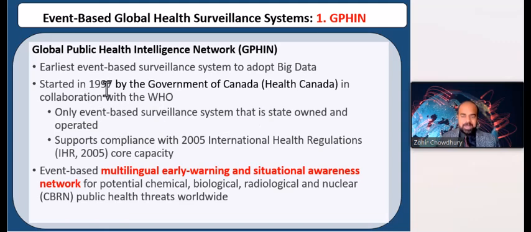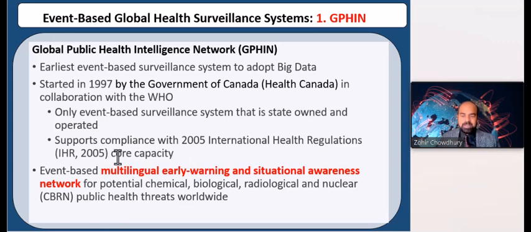This system started in 1997 by the government of Canada through Health Canada in collaboration with WHO. GPHIN is headquartered at the Public Health Agency of Canada in Ontario, Canada, with members both nationally and globally.